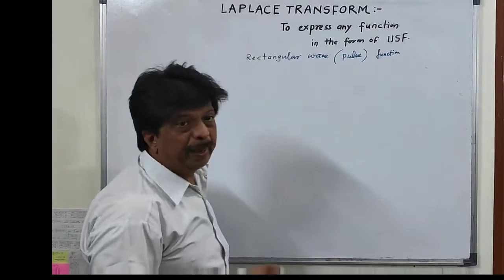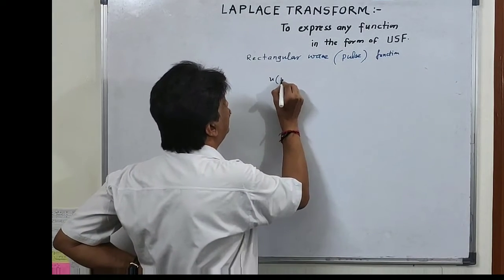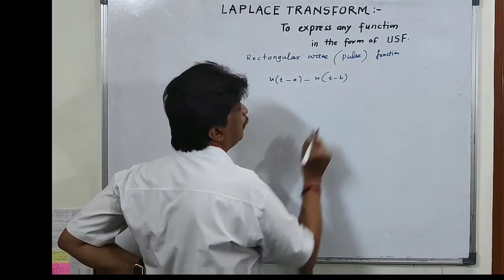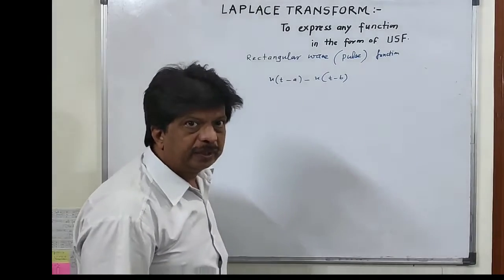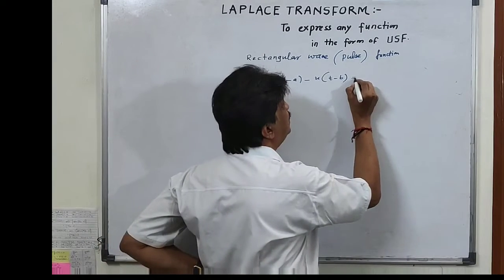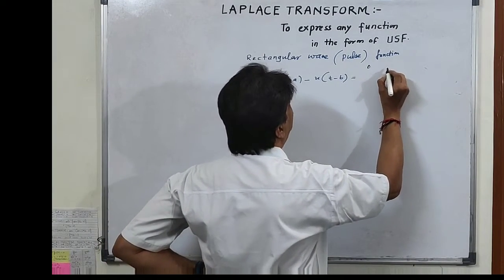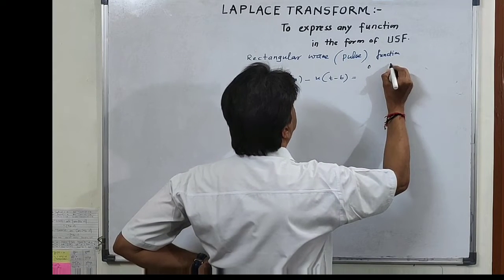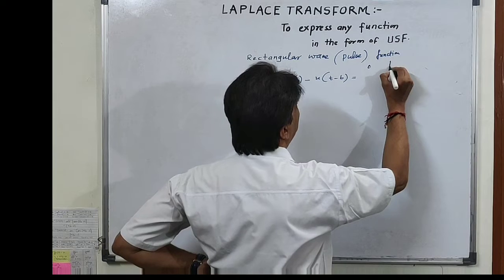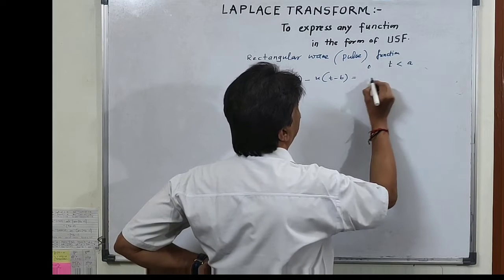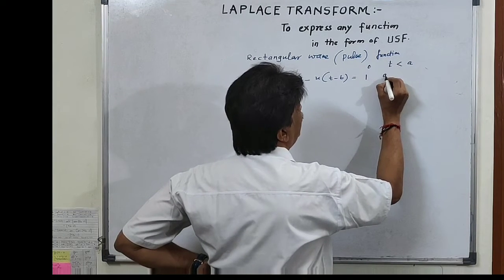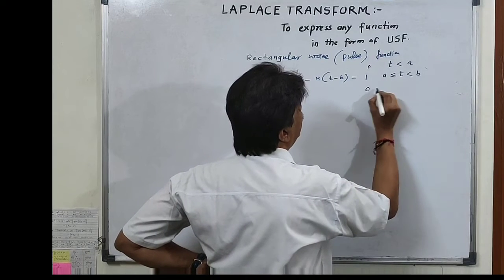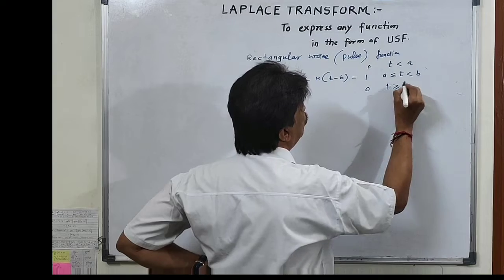It is denoted by u of t minus a minus u of t minus b. Here a is less than b. Note this. It is defined as equal to 0 when t is less than a, equal to 1 when t lies between a and b, and again 0 when t is greater than or equal to b.